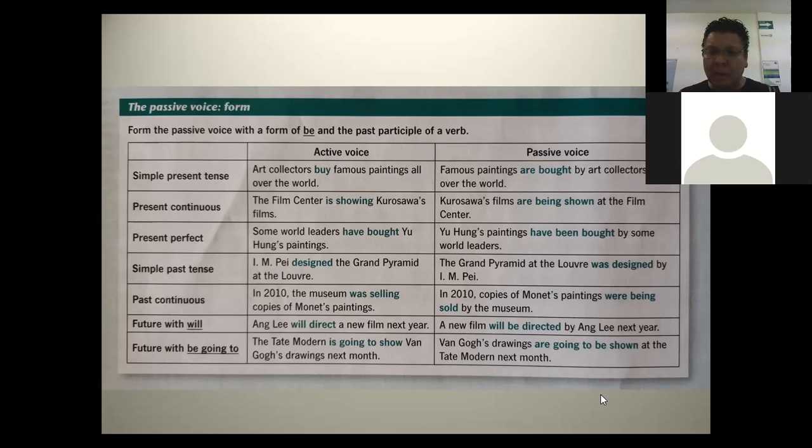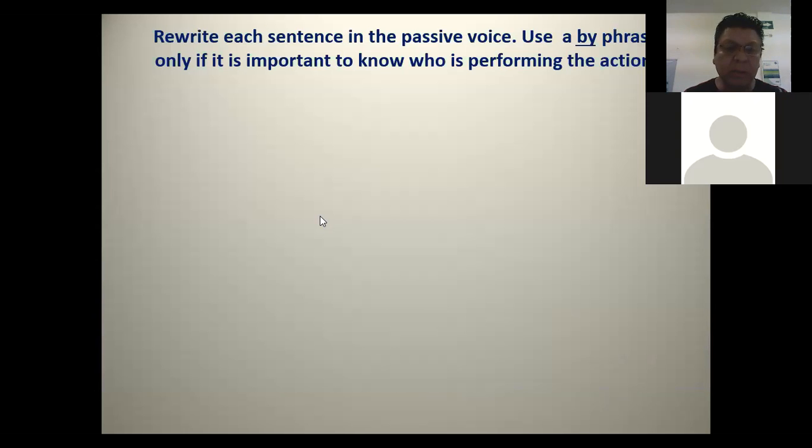Okay? We have an exercise. Look, it's easy. You only check what tense we are talking about. Then it says rewrite each sentence in the passive voice. Use the by phrase only if it is important to know who is performing the action.